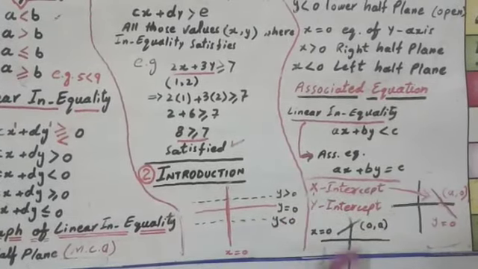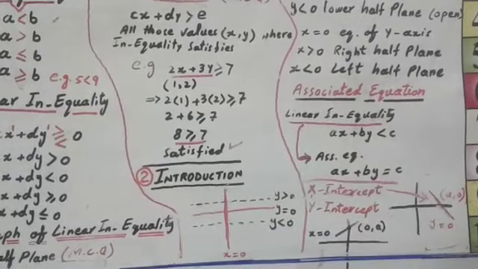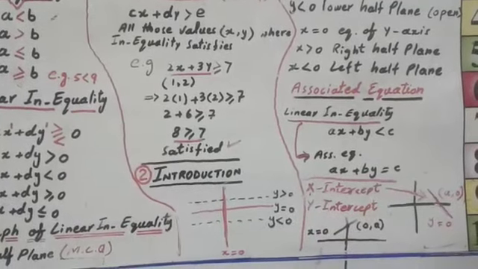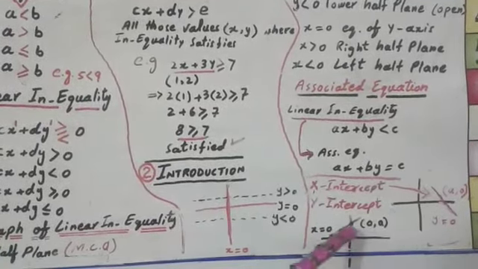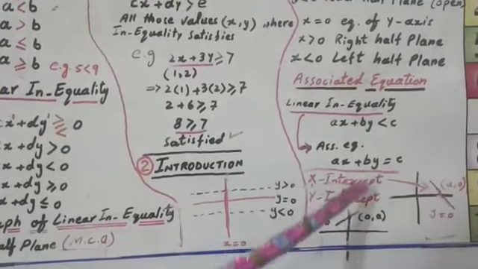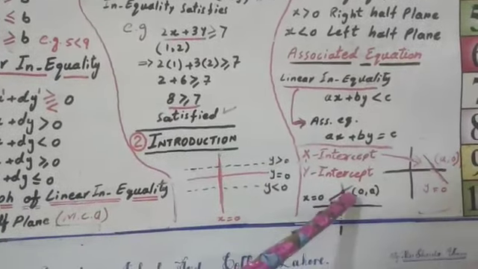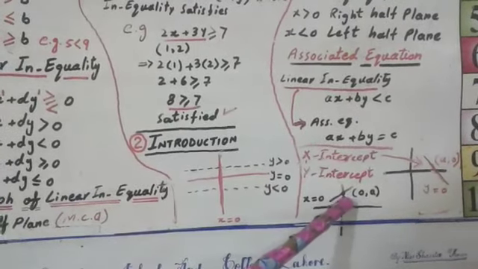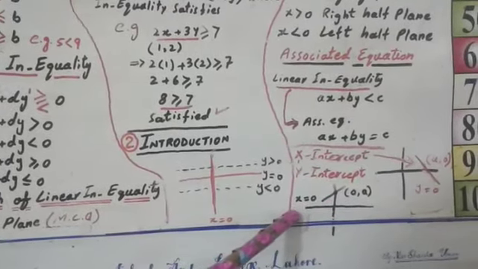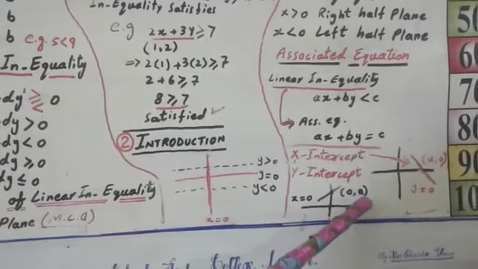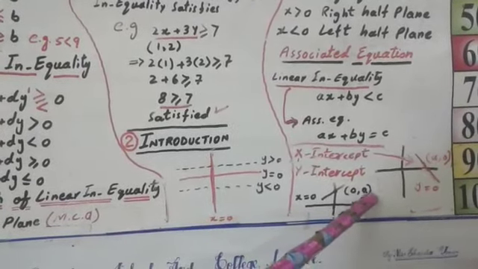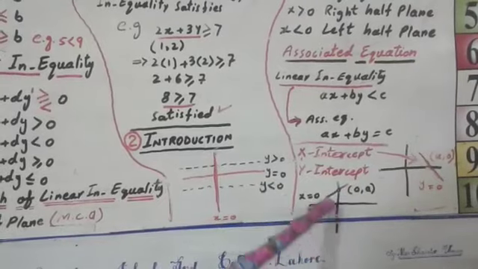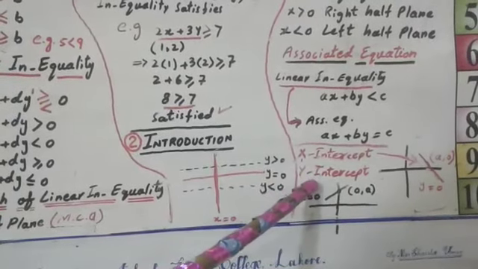Y-intercept: along this vertical line, known as y-axis, any line which cuts this vertical line at any point gives the y-intercept. On the y-intercept, value of x is always 0, while y has some value. These are x-intercept and y-intercept.